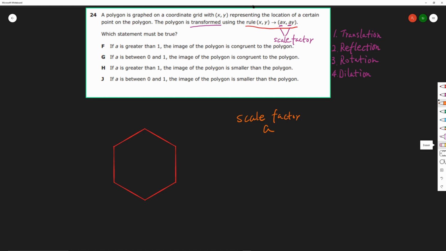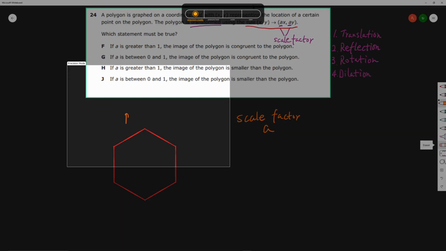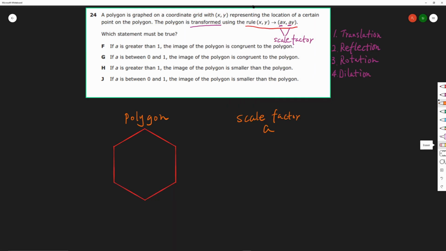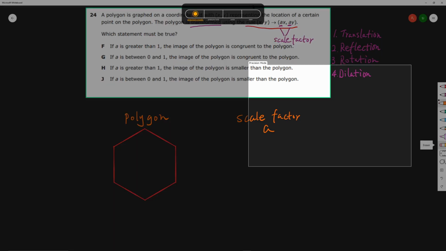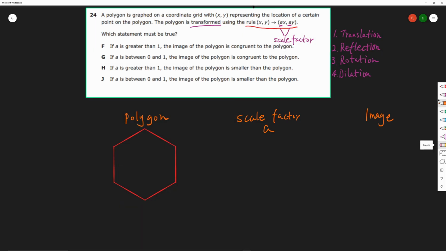Now, let's think about what happens after a dilation. A dilation probably has different results. This is our original polygon. After the dilation, there will be an image. And the image could be larger or smaller or the same as the polygon. It all depends on the scale factor.